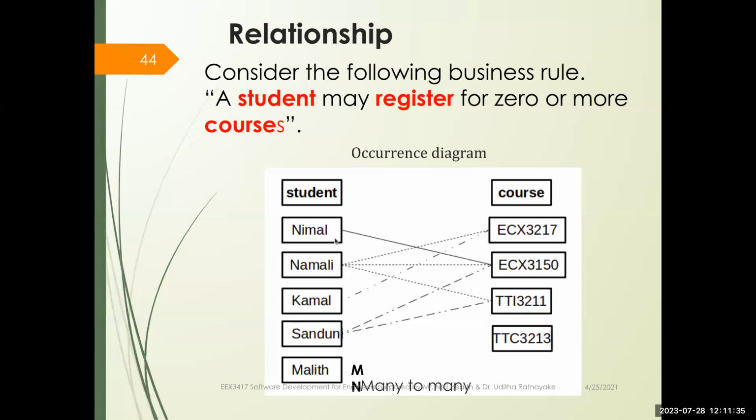In this table, here also it spreads, one to many. So this is called many to many. When you implement data in a database, most of the time only one to many relationships should be available.